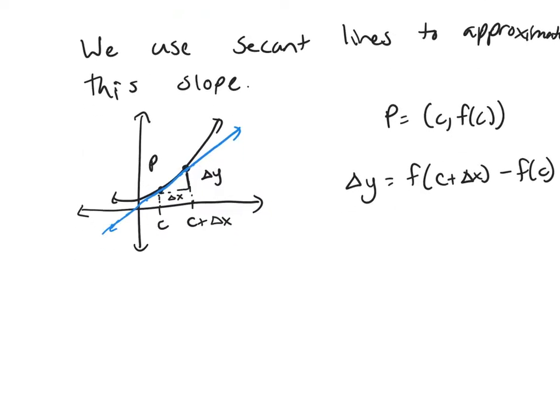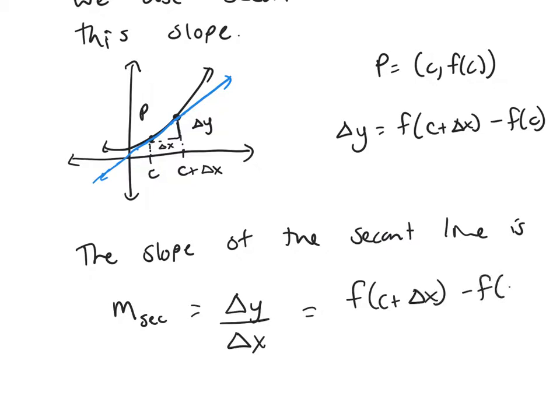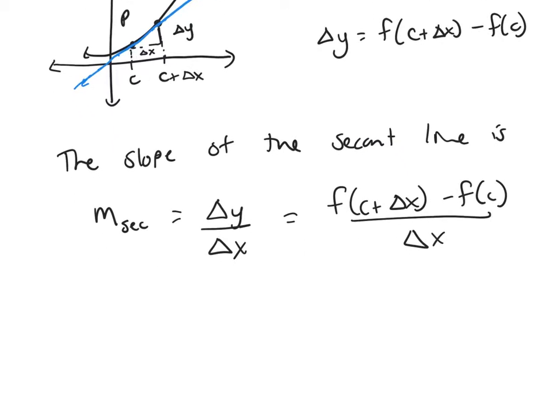What would the slope of the secant line, I'm going to call it m sub sec for secant, be? Well, it's rise over run, delta y over delta x, f of c plus delta x minus f of c over delta x. So this right here is sometimes what's called the difference quotient.